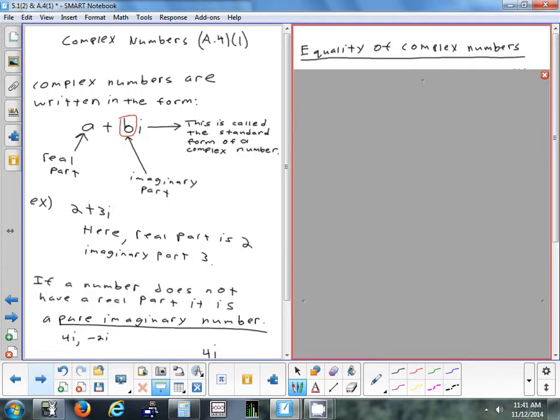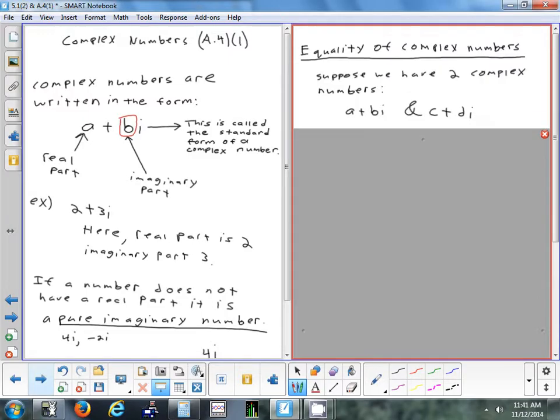Equality of complex numbers. So what does it mean for two complex numbers to be equal? Well, if we compare two real numbers, okay, that's a little easier because real numbers don't have two parts to them. Complex numbers do. So if we had two complex numbers, I'm just using letters, a plus bi is one of them, c plus di is the other one.